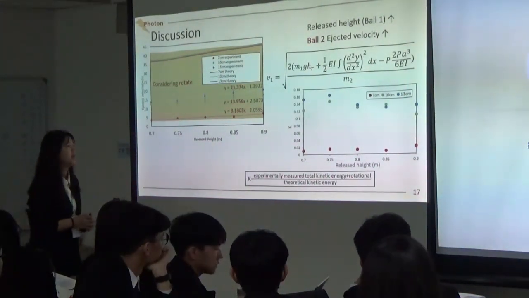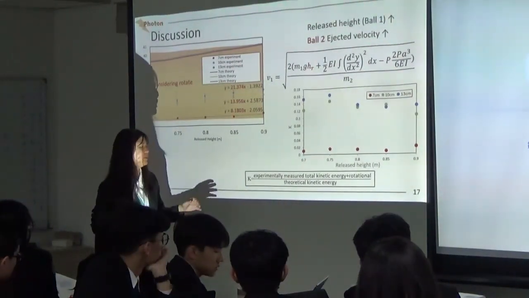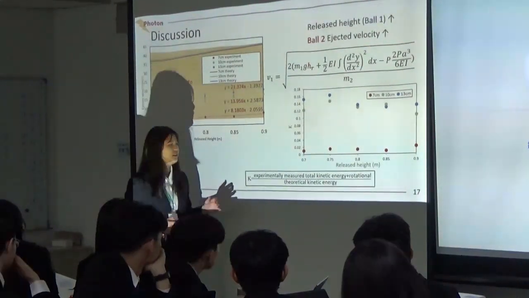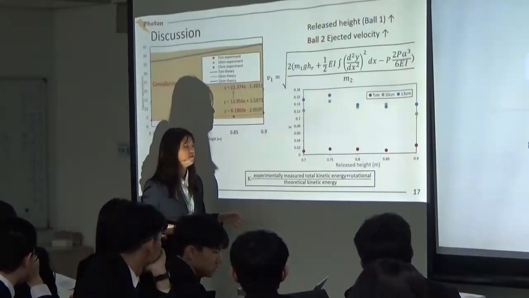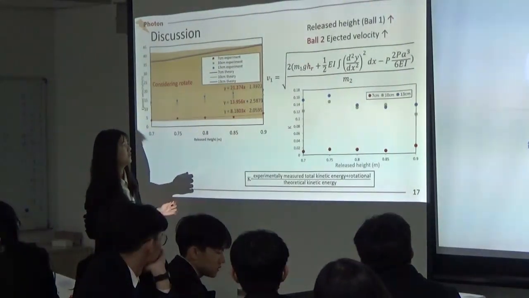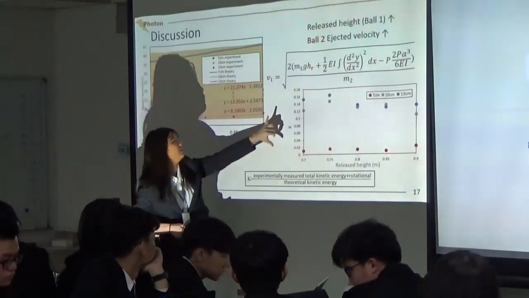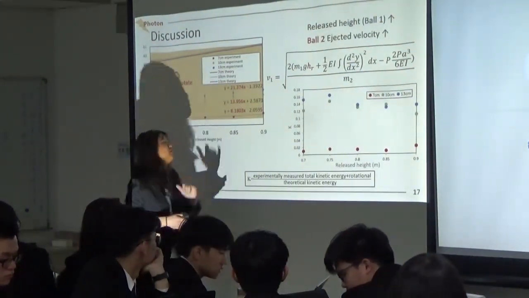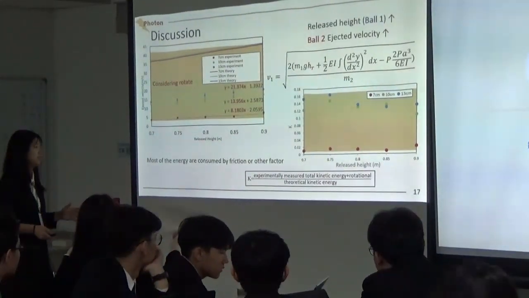So we calculated K, which is equal to the experimentally measured total kinetic energy plus the rotational energy, divided by the theoretical kinetic energy, and we get this chart. But the energy transfer efficiency is smaller than 20%. So we can know that most of the energy is consumed by friction or other factors.